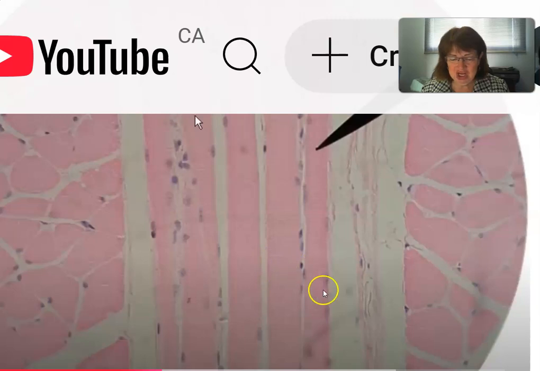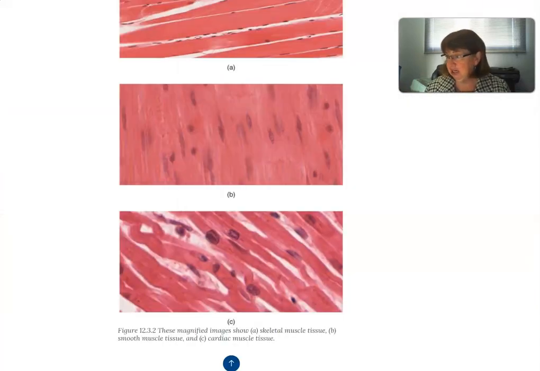This is striation. So when you're looking at skeletal muscle, they're long tubes with nuclei on the outside and these striations. And since skeletal muscle is voluntary, you have to think about it. So when we're looking at the classification, it is a voluntary muscle.